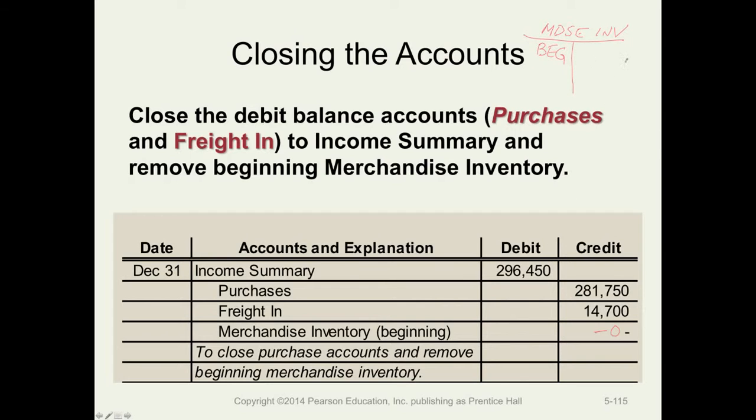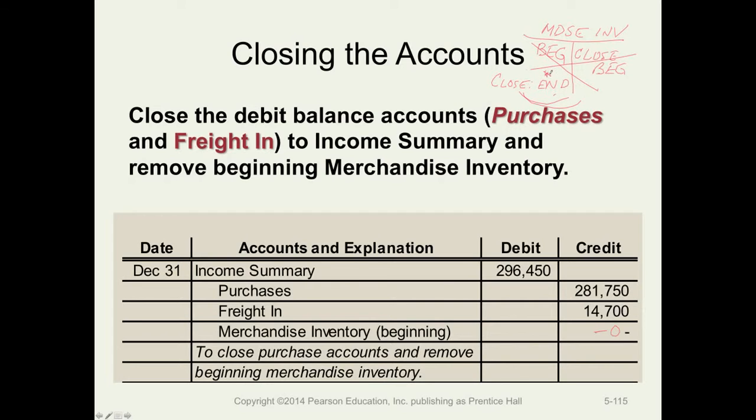As part of the closing process, you close by debiting the ending inventory, and you close by crediting the beginning. So notice that you are wiping out the beginning inventory, and you put the ending inventory on the books.